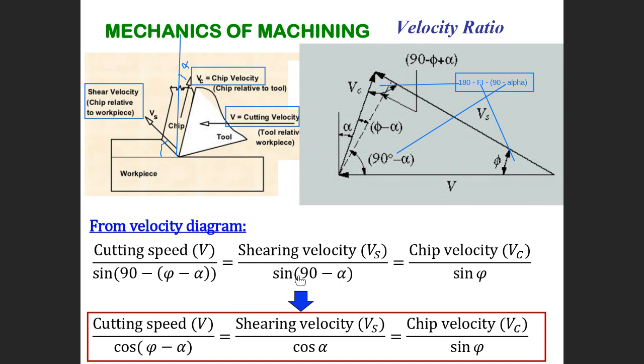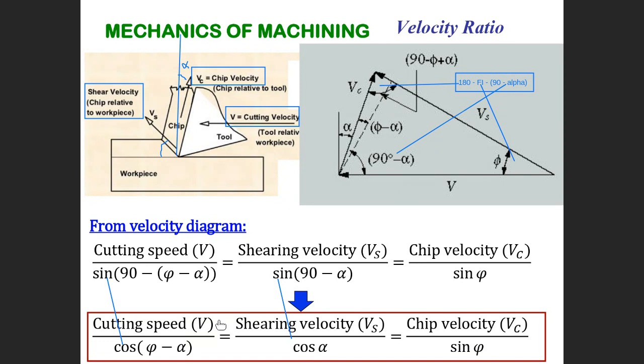Vs divided by sine 90 minus alpha equals Vs divided by cosine alpha, since sine 90 minus alpha equals cosine alpha. And Vc divided by sine phi stays exactly sine phi. This is from the velocity triangle, or velocity ratio.